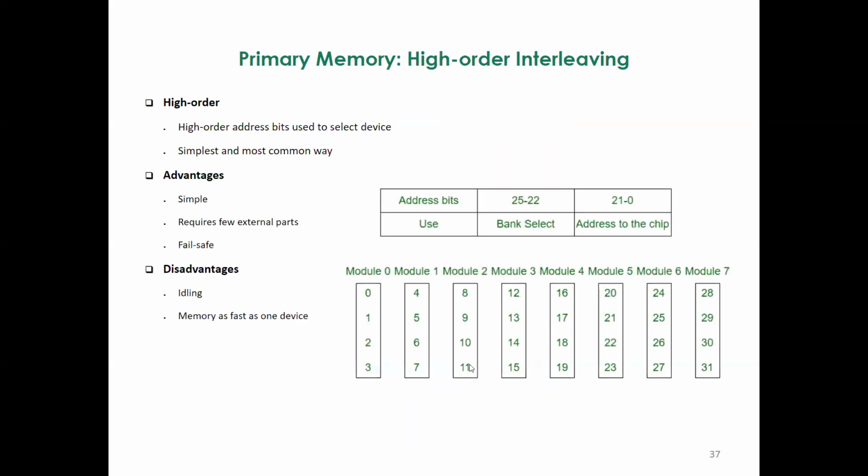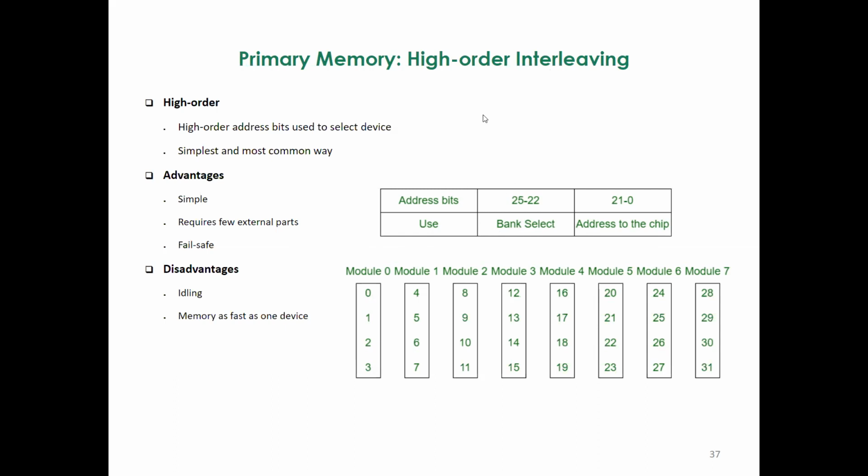So in terms of high order, suppose this is your memory address bits, which has 26 bits, for example, from 0 to 25. Up here we have the address bits, and then we also have how they are used.